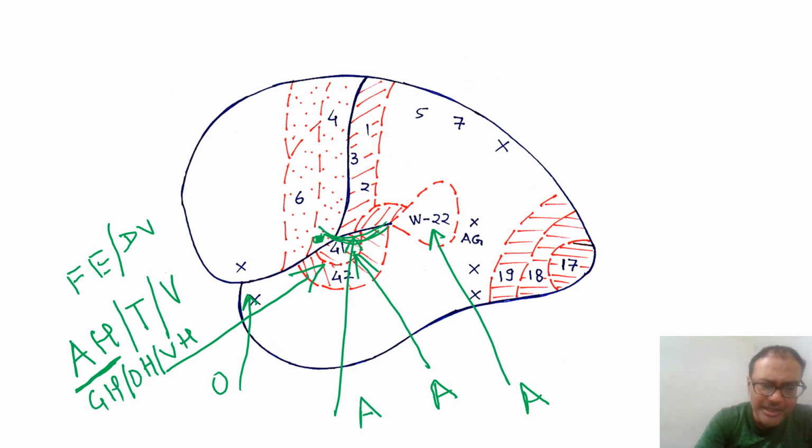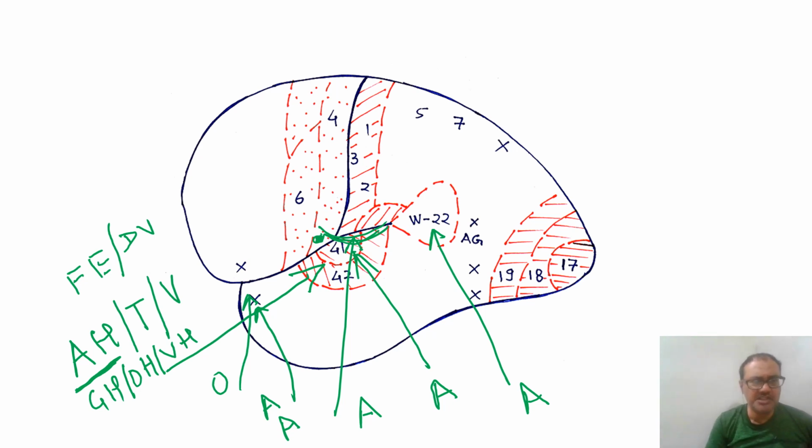And the anterior temporal pole, as it is concerned with olfaction and memory, we can have anosmia and we can have memory loss, that is amnesia. So these are the result of ablation or lesions.